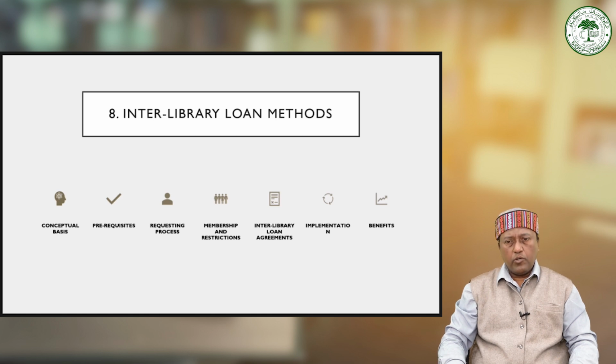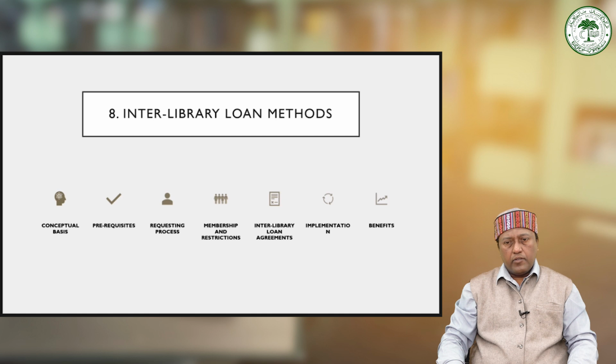Interlibrary loan requests are processed through formal channels, with the librarians coordinating the borrowing and lending of materials. These libraries use established protocols to ensure the safe transportation and return of borrowed items. So definitely it is going to be beneficial for the library and for the members also.